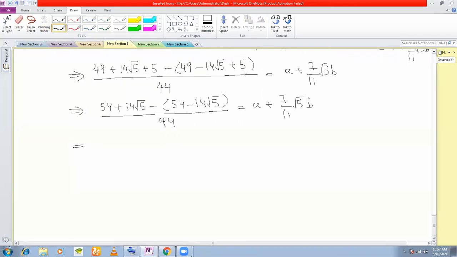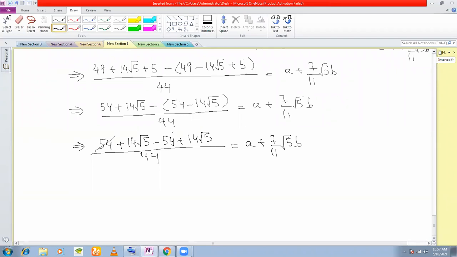Okay, so in the next step, you open the brackets in the numerator. 54 plus 14 root 5 minus 54 plus 14 root 5 divided by 44 is equal to a plus 7 by 11 root 5 into b. Now what happens? Plus 54 minus 54, they cancel. So what you simply get is 14 root 5 plus 14 root 5.